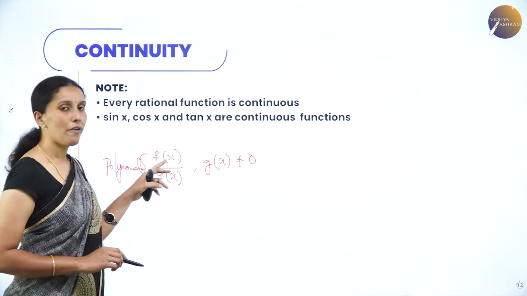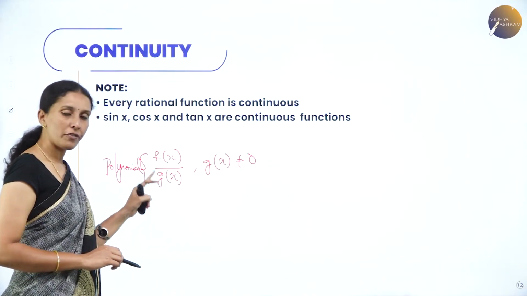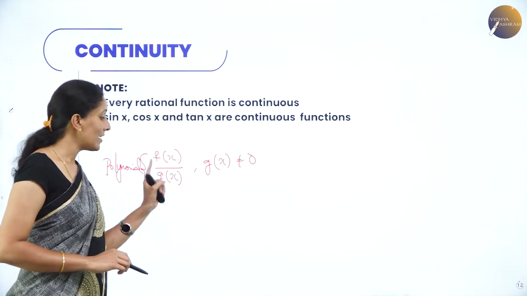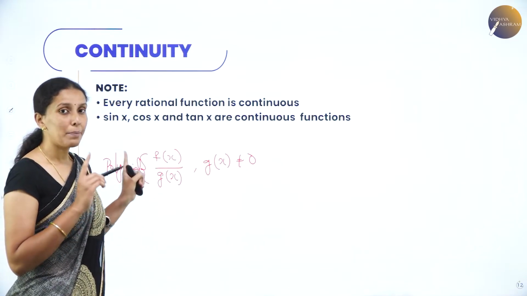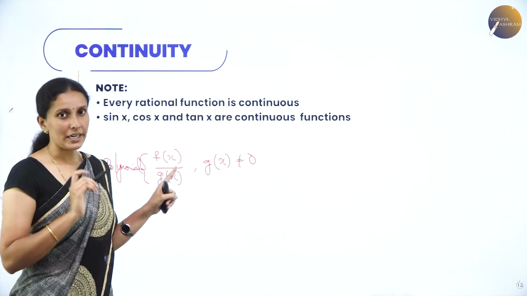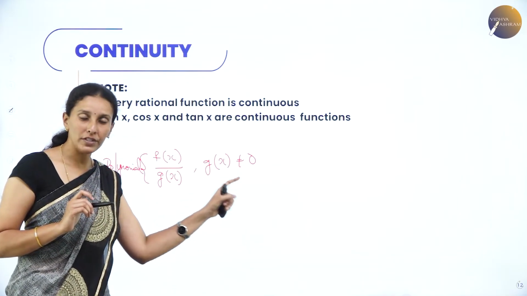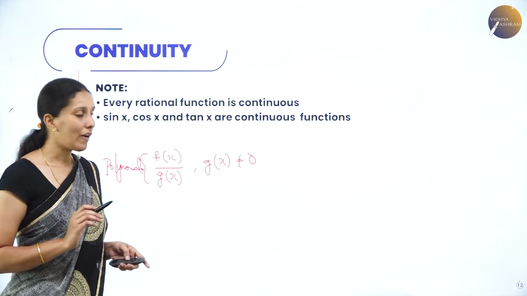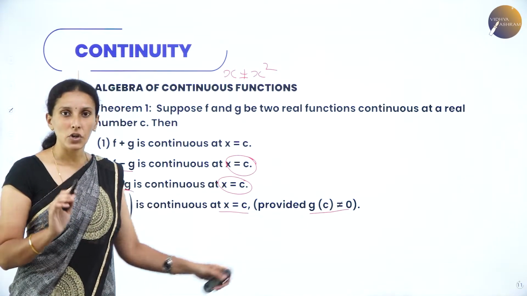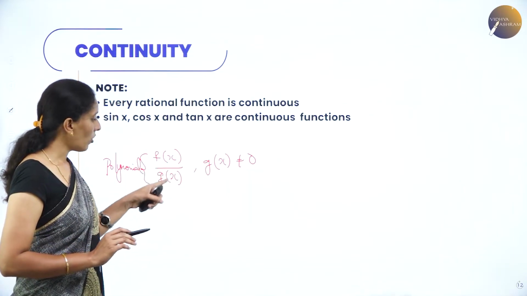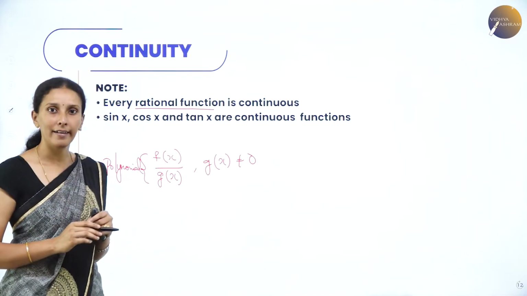A function in the form of f of x by g of x, where both f of x and g of x are polynomial functions and g of x is not equal to 0. We have already learned every polynomial function is continuous, and here it is defined as the denominator is not equal to 0. So with the help of the algebra of continuous functions, whenever the denominator function is not equal to 0 and both are continuous, clearly we can say a rational function is continuous.